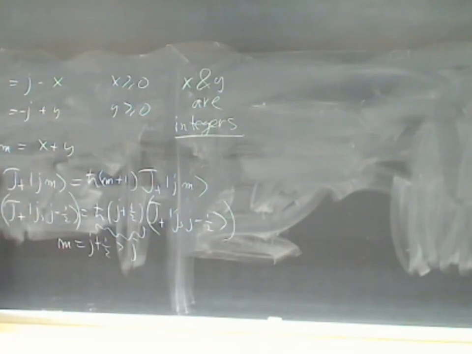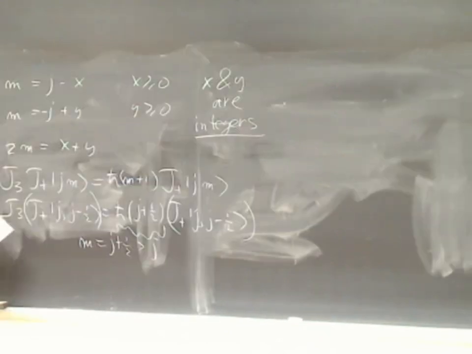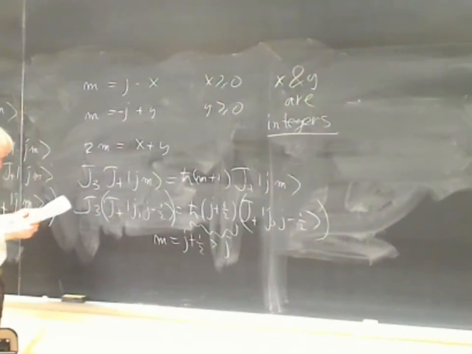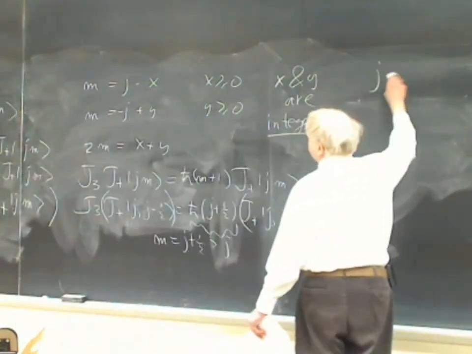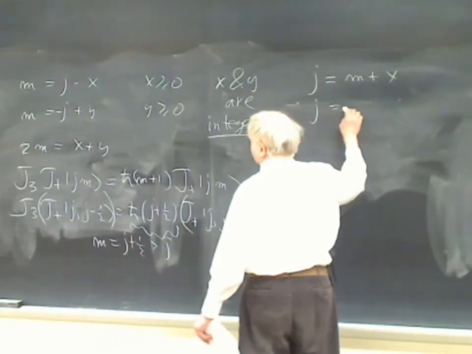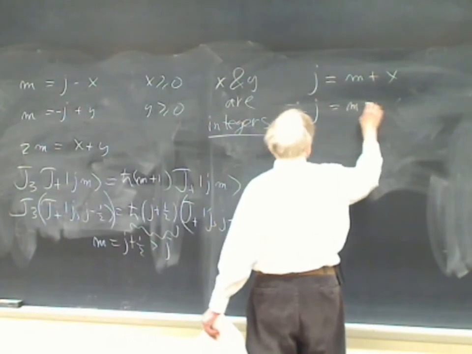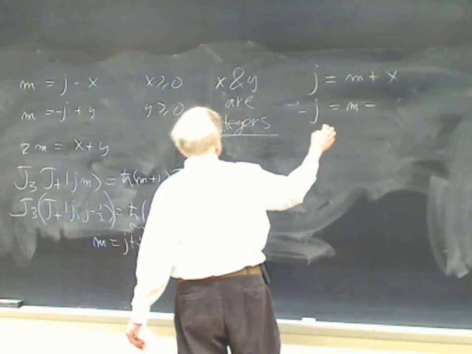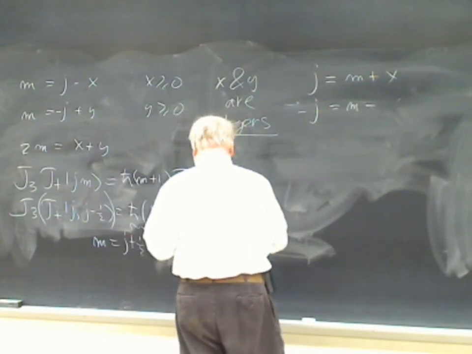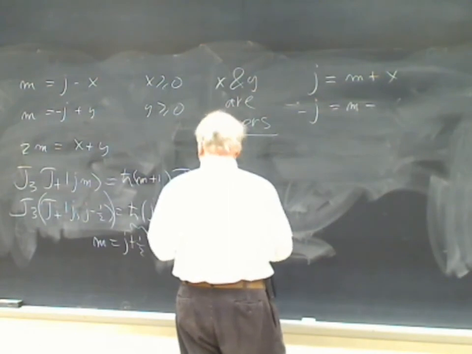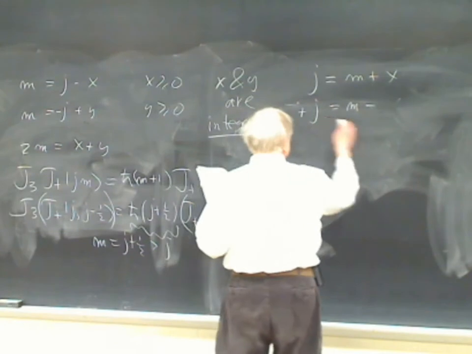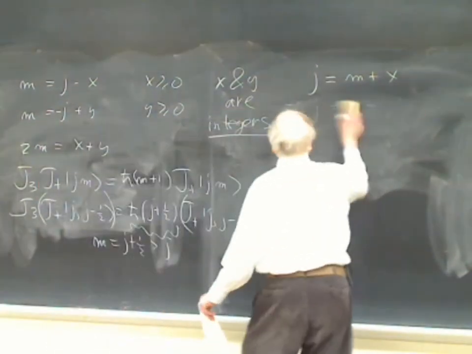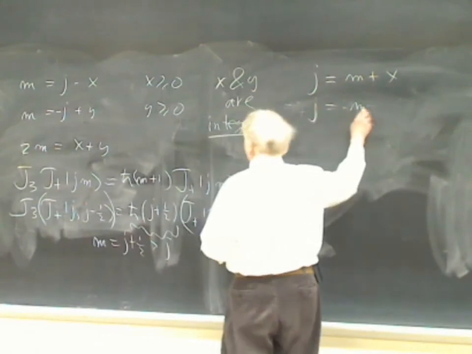Now when we add them together, we get that 2m is equal to x plus y, but more importantly, let's write these equations slightly differently, namely j is equal to m plus x, and j is equal to minus m plus y.